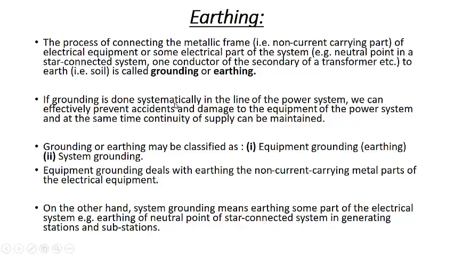Now, if the grounding is done systematically in a power system, we can effectively prevent accidents and damage to the equipment of the power system, and at the same time the supply can be maintained. This is a very important point, because when the fault is detected, the faulty part of the system is first isolated by opening the circuit breaker.